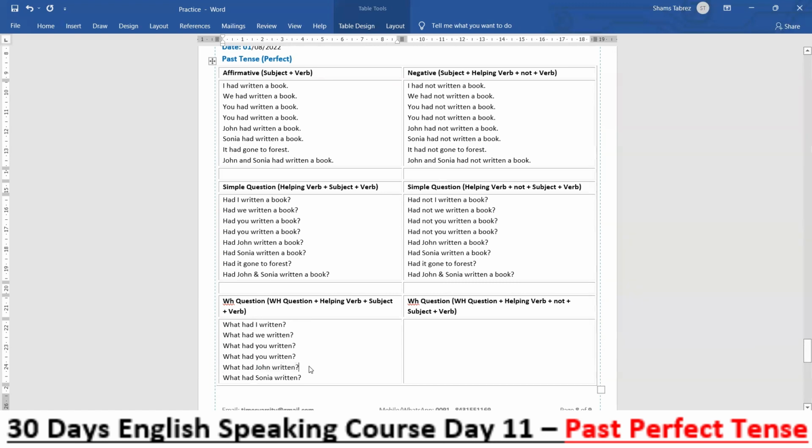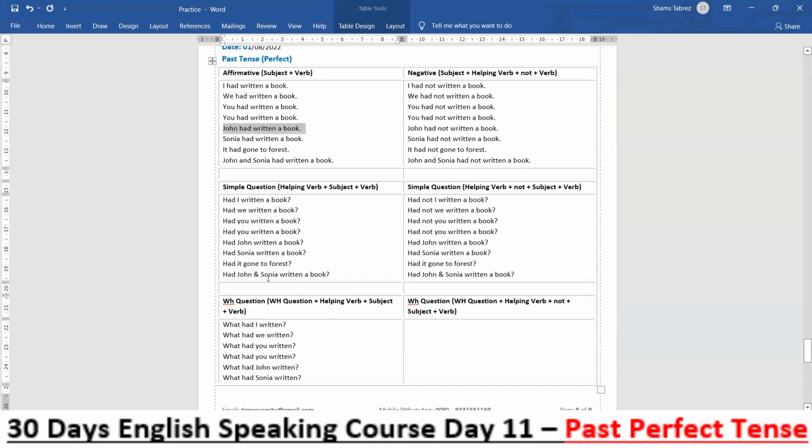John क्या लिख चुका था? Then the answer may be, if it is a book, or something else, you can mention like John had written a book. So this WH question is in past perfect tense. So your answer should also be in past perfect tense.